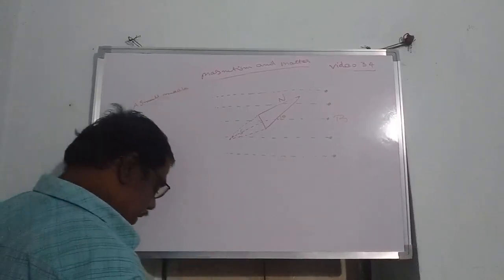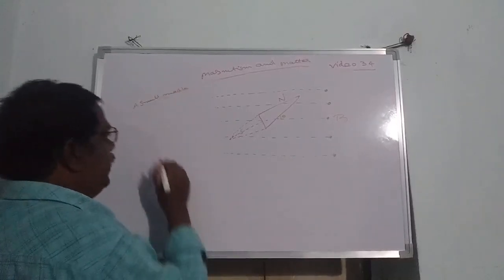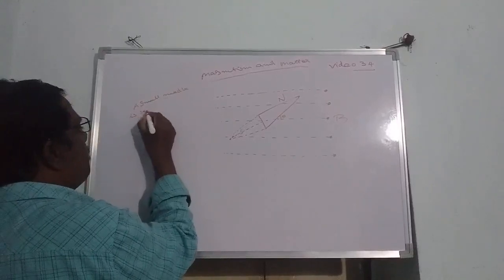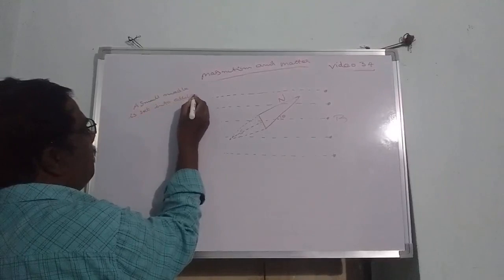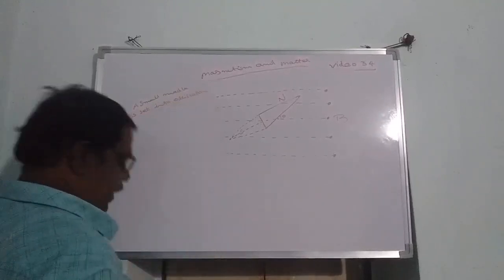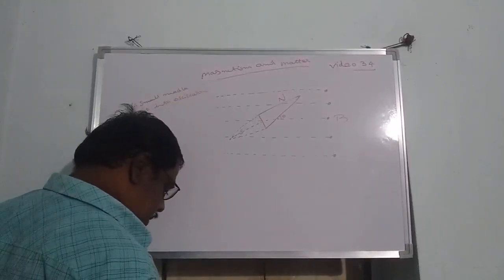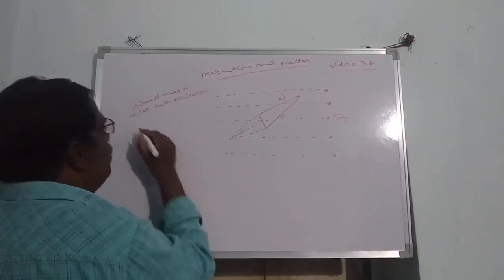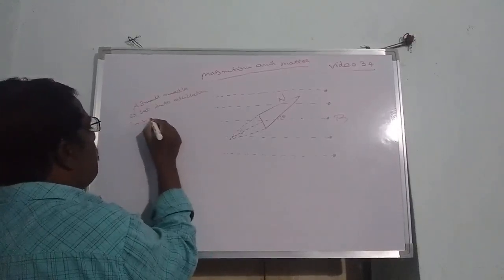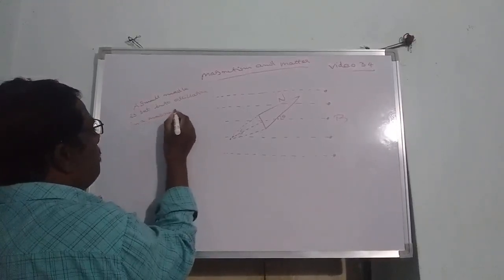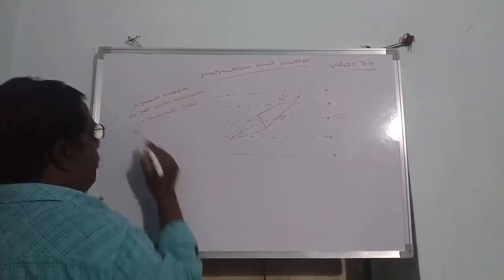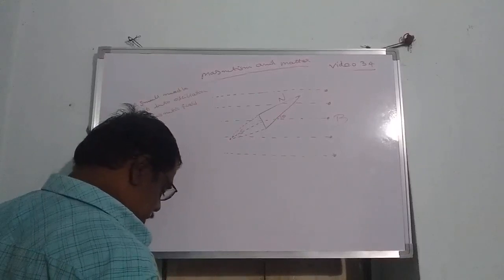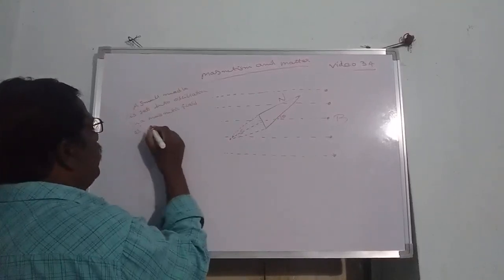A small magnetic needle is set into oscillation in a magnetic field B. Expression for time period.